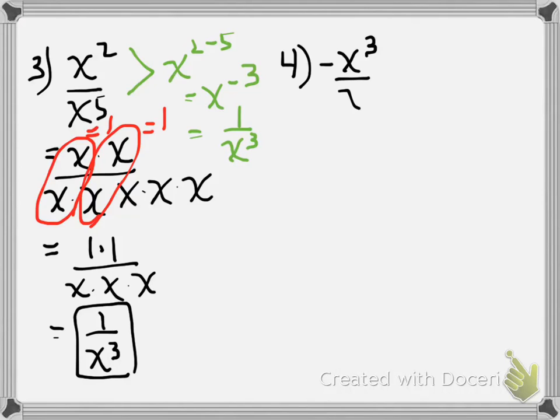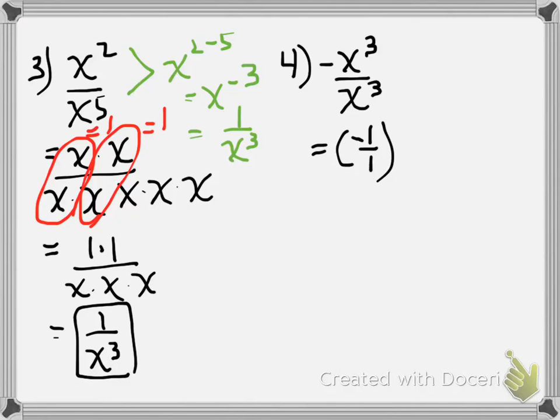And this is where confusion starts. This says negative x cubed over x cubed. That negative in front of x cubed, what is it? It's a -1. It's a coefficient. So what this problem is saying is -1 over 1.